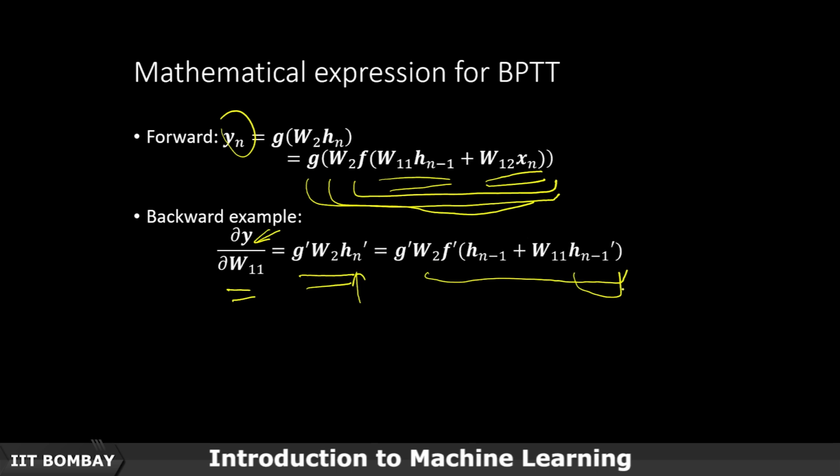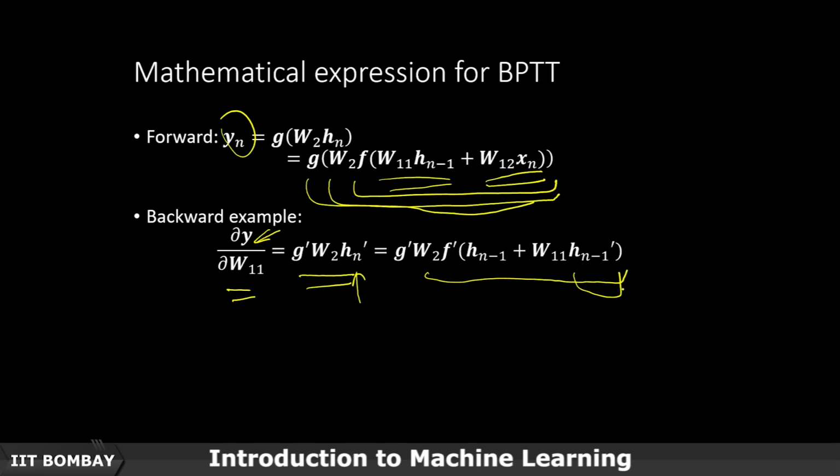Because of that, we get this entire path where the derivatives keep coming back and they keep getting multiplied with WHH. So if your WHH is large, then several large weights will get multiplied with each other and we will have an explosion of gradients.